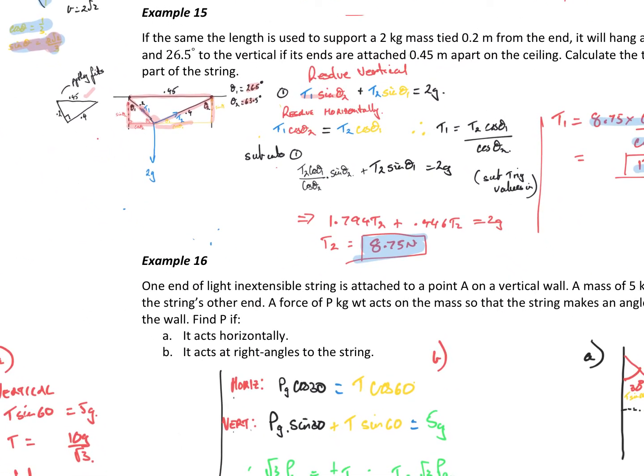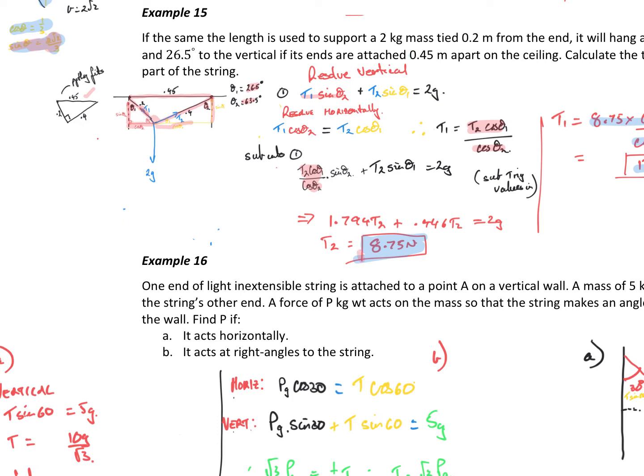All right, now, at any point in time, I could substitute the thetas in, couldn't I? I thought initially we might just solve in terms of theta. So T1, if I rearrange, is T2 cos theta 1 over cos theta 2. If I substitute that in for T1 into equation 1, it didn't become very tidy, so then just substitute in cos theta 1 and cos theta 2 from the angles that we've been given.